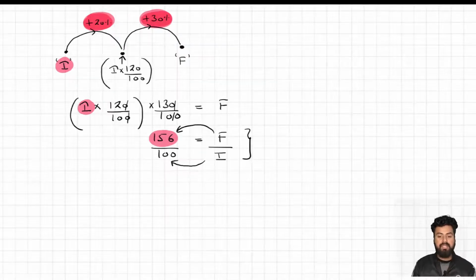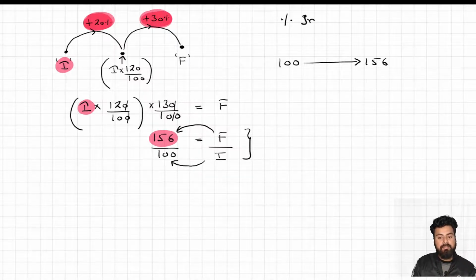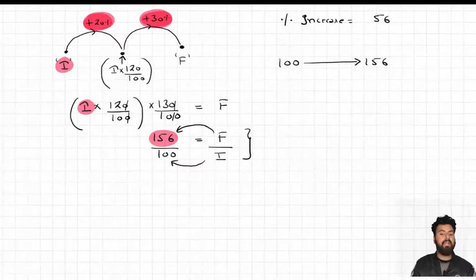So the way the value is changing, the initial value was 100 as per this ratio, and if you look at the final value, it is 156. If you look at the change, it's a positive change. And since it's a positive change, again I'm going to calculate percentage increase. How to calculate percentage increase? First, I'm going to write down the difference in the numerator.